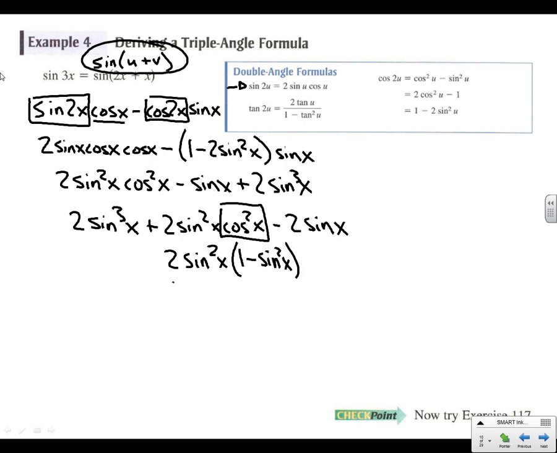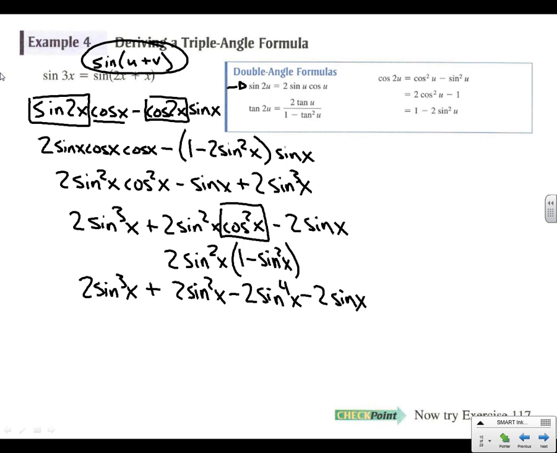So that's going to be 2 sine squared x minus 2, just distributing, sine to the 4th x. So now we've got 2 sine cubed x plus, and then bring down the minus 2 sine x.